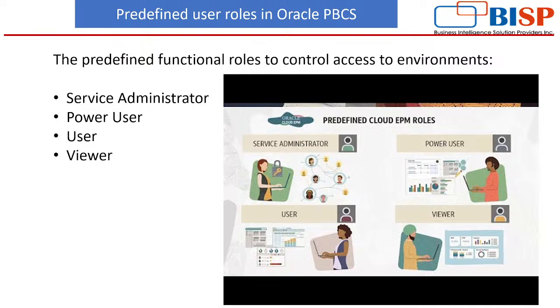Next we come to the third user here, who is known as user only. So this user is basically a functional person. He would enter data into forms and submit them for approval.